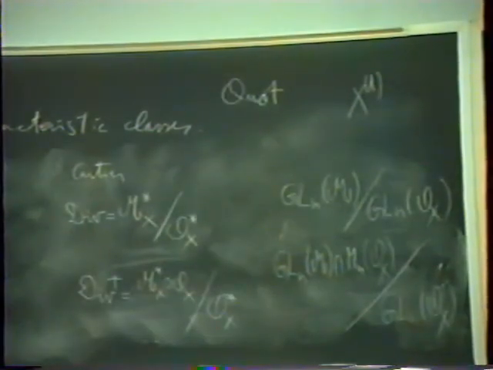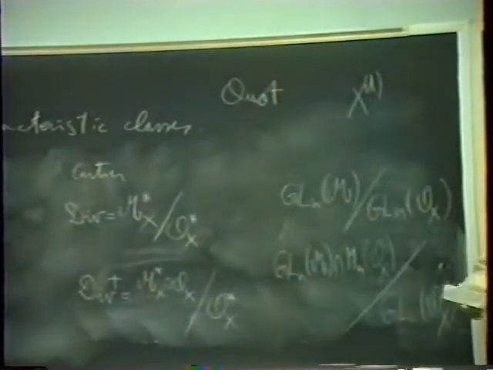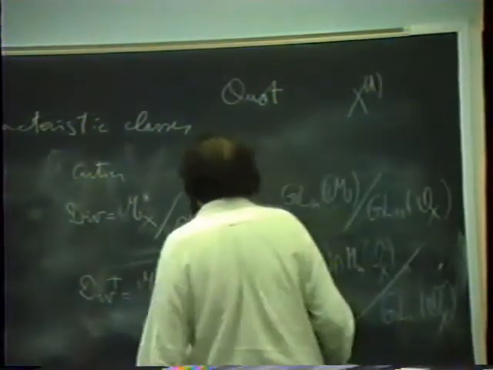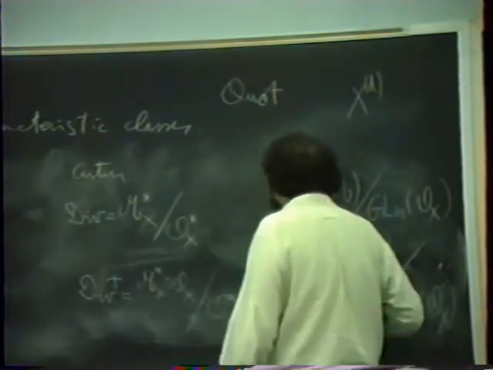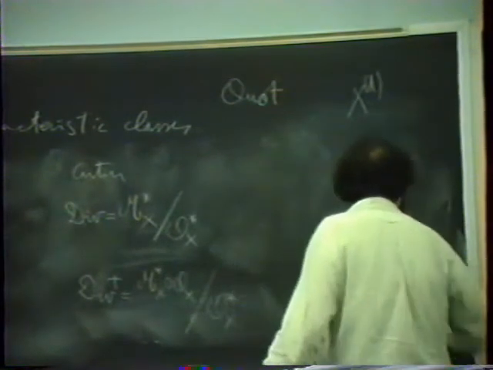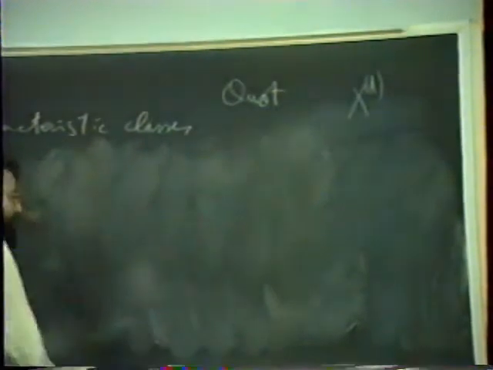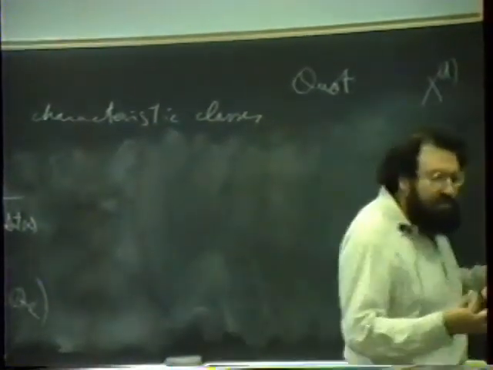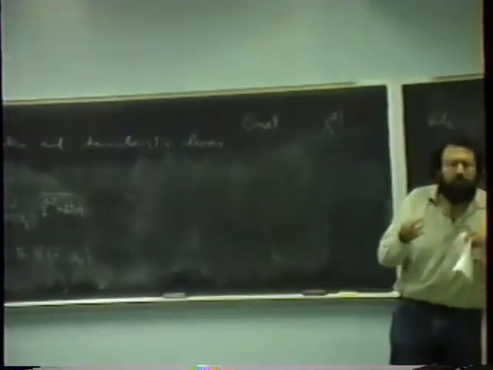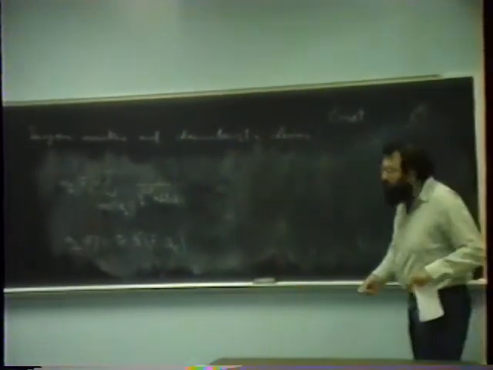Okay, so let's try to put all of this into a bigger context. And the bigger context, of course, is to forget GLN and to look at a general algebraic group. And before I do that, to whet your appetite, there is one formula that comes up all the time in these matters. That formula is due to Steinberg, and it tells us what the number of points of an algebraic group over a finite field is. It's a very famous formula.